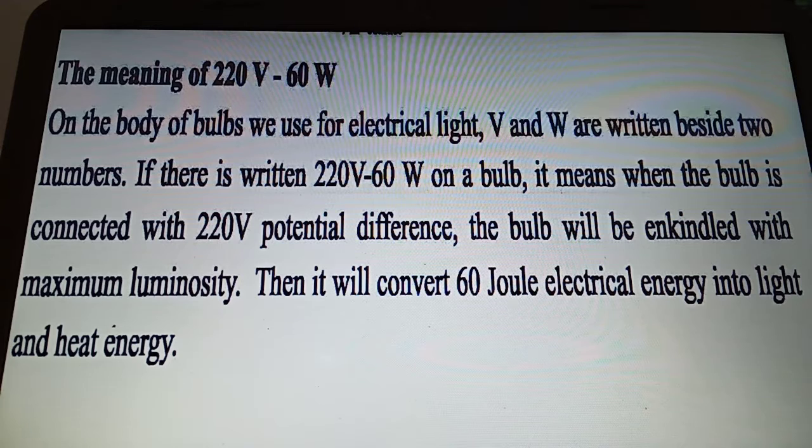If 220 volt, 60 watt is written on a bulb, it means when the bulb is connected with 220 volt potential difference, the bulb will glow with maximum luminosity. Then it will convert 60 joule of electrical energy per second into light and heat energy.